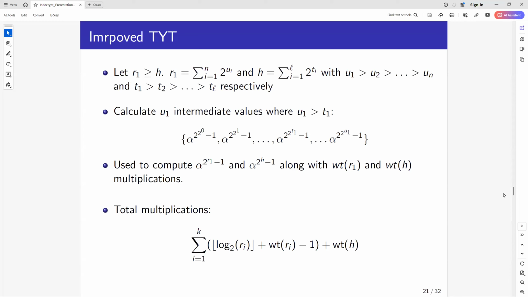So it reuses one of the intermediate values, so that it reduces the number of multiplications. So this time the number of multiplications is reduced from H to weight of H.